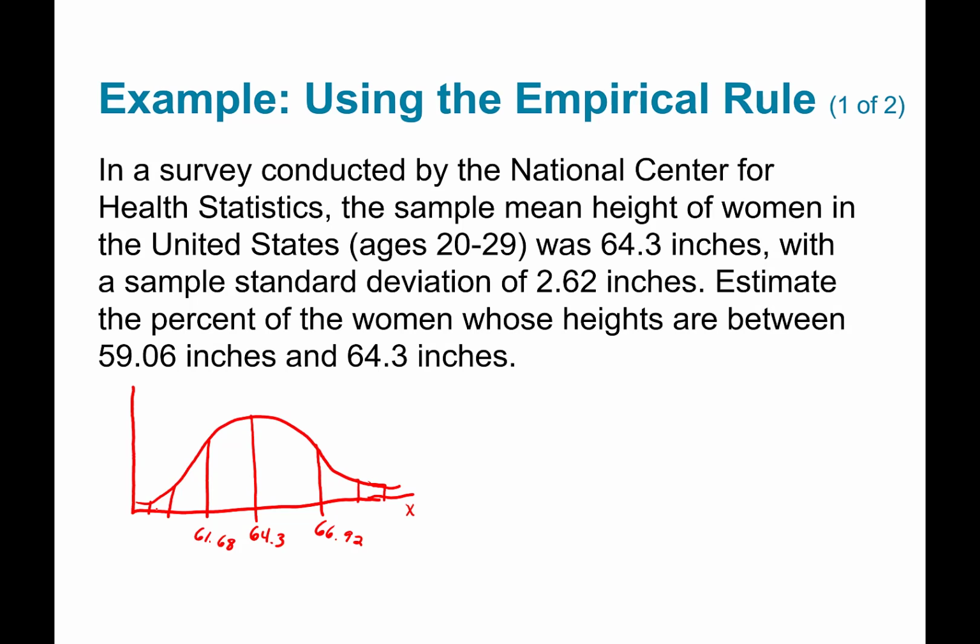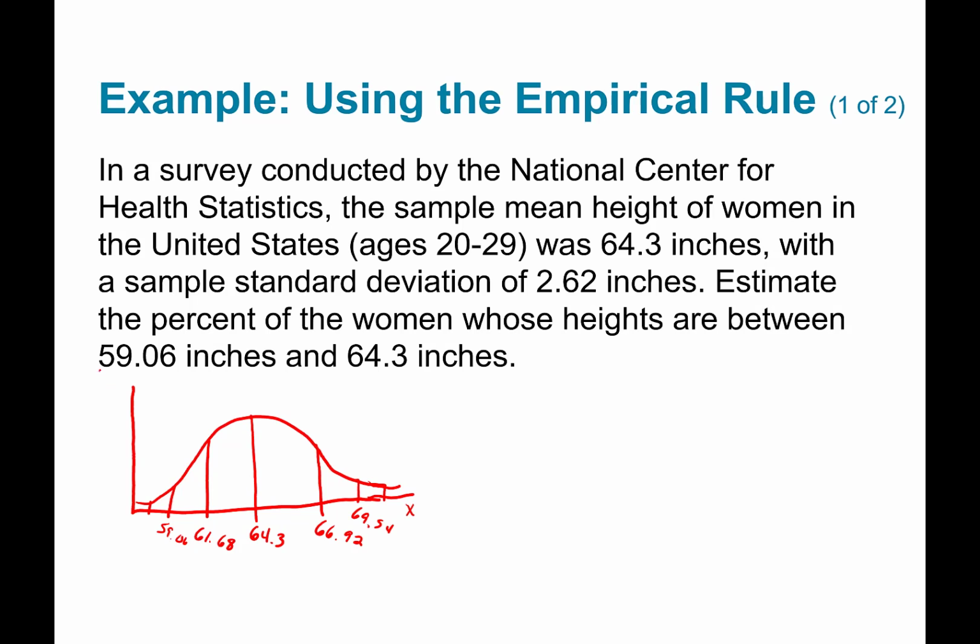So if we keep on working our way out, 61.68 minus another 2.62, we get 59.06. And go up another one, 66.92 plus the 2.62, we get our 69.54. And we could go on out to our 3rd standard deviation.